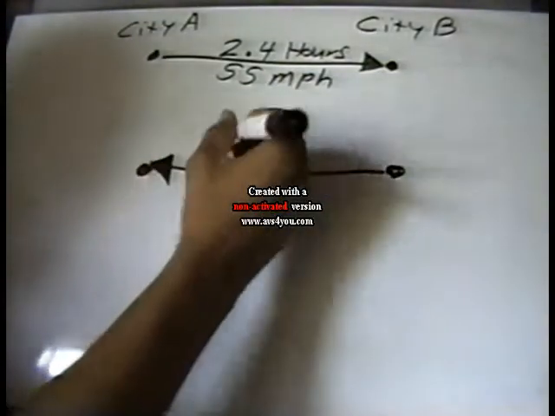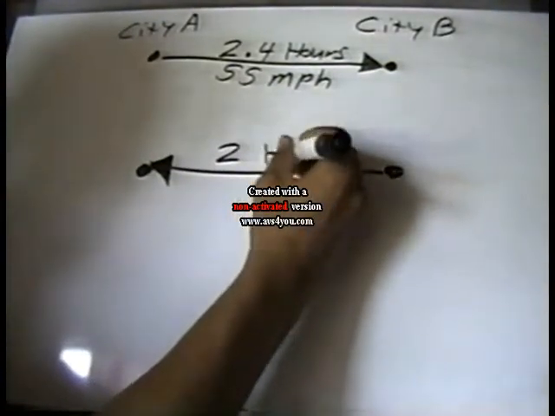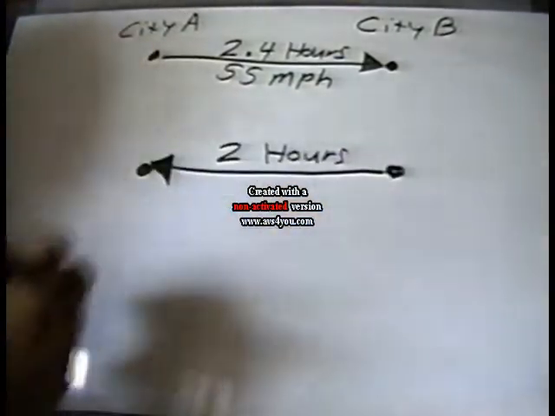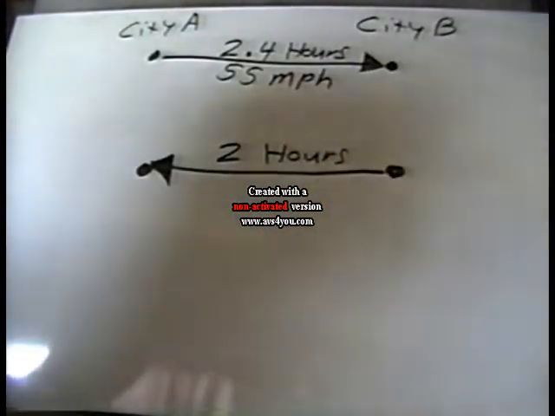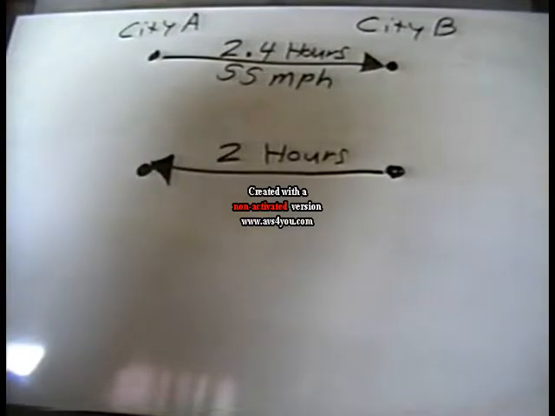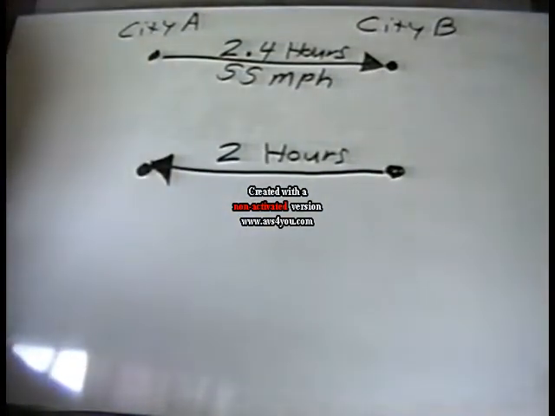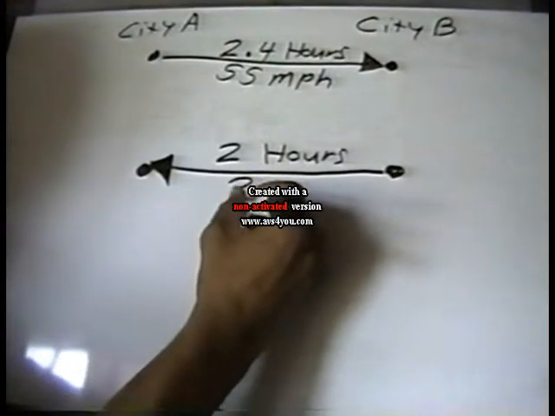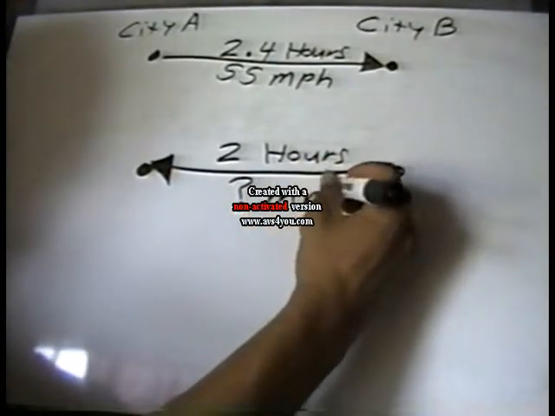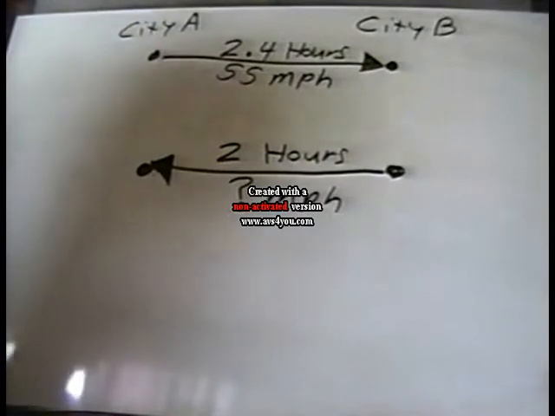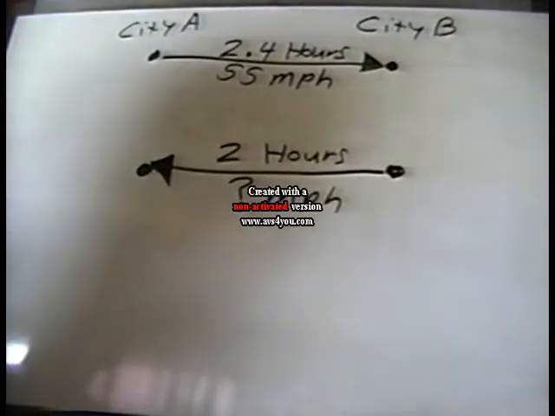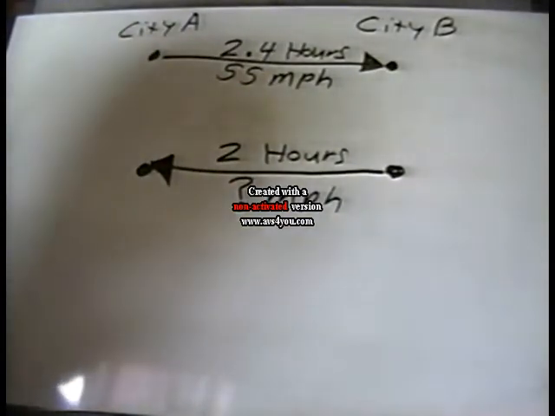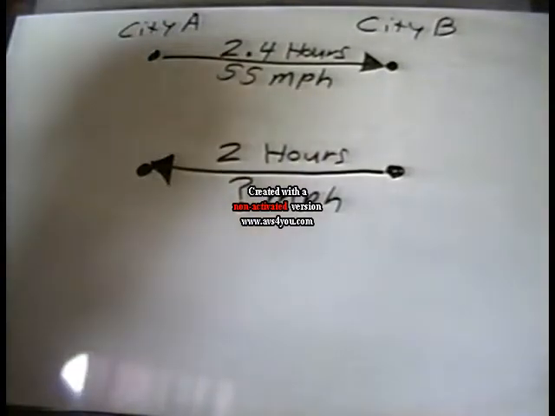And it says the return trip was made in 2 hours. Okay? So from city B to city A, when the car returned, okay, the return trip was 2 hours.